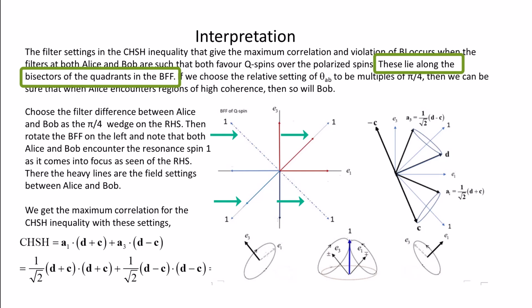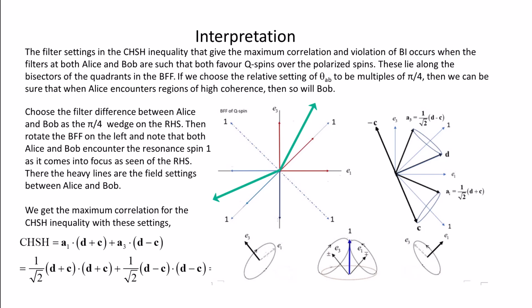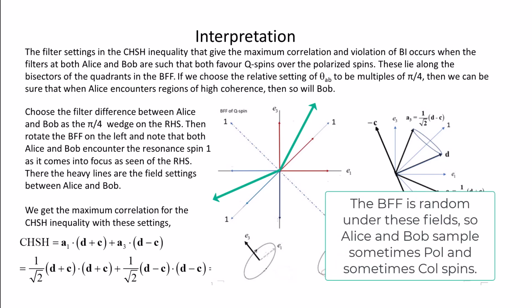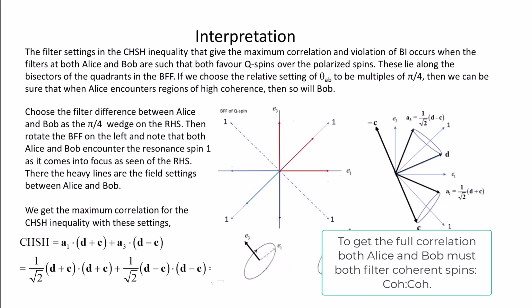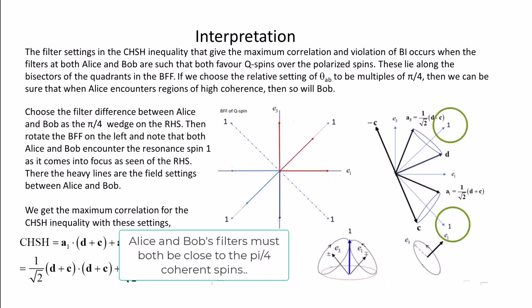Let us set the angles of Alice and Bob anywhere so that when the spin orientation changes via theta, the filters will encounter the spins. Here is an example. However, we need both Alice and Bob spins to encounter a coherent spin at the same time. Otherwise, we do not get the full correlation and only a product state.